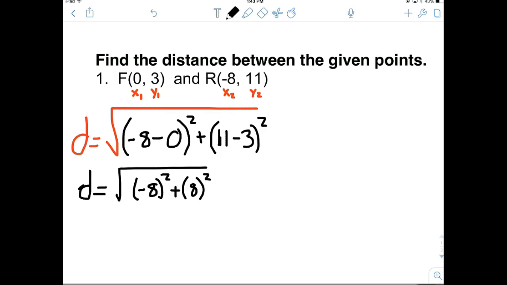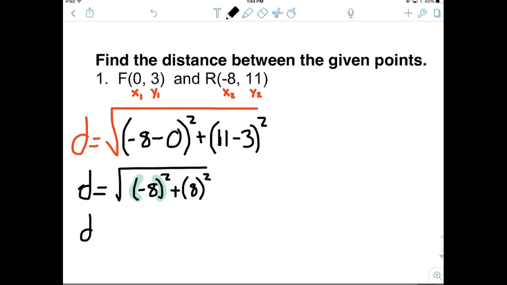Negative 8 and positive 8 should give you the same answer when you square them. Make sure that you have the parentheses. These parentheses around this negative 8 are going to be really important here, making sure that you've got that negative inside there.